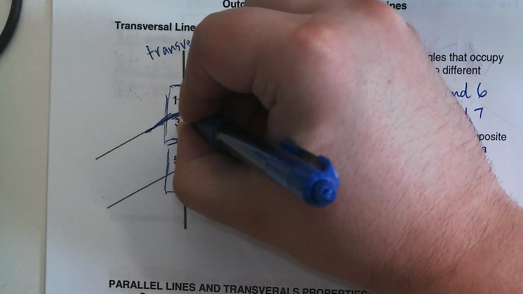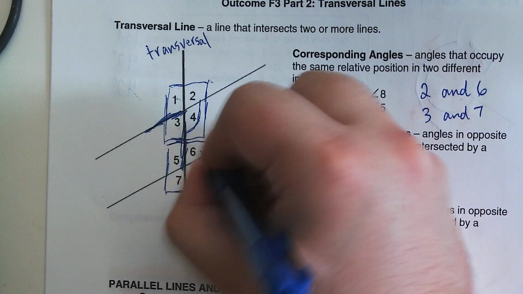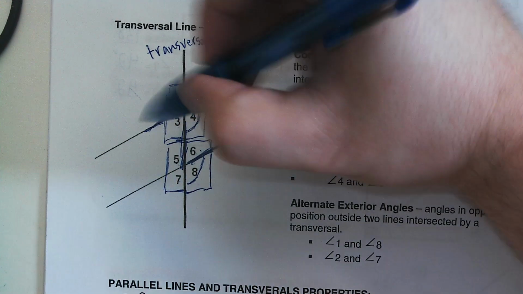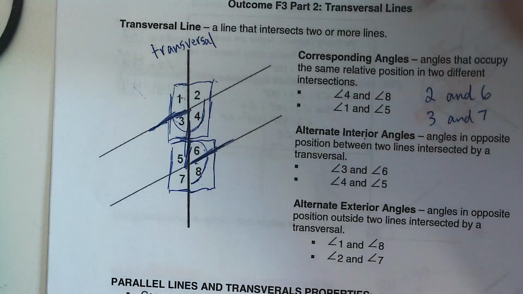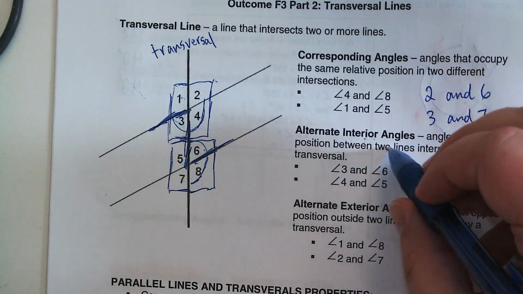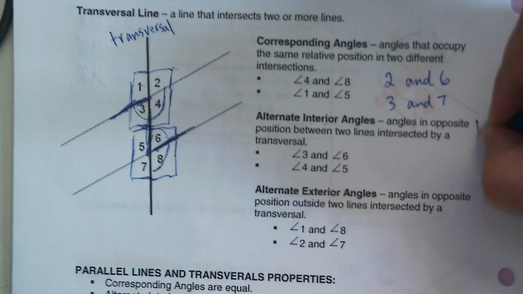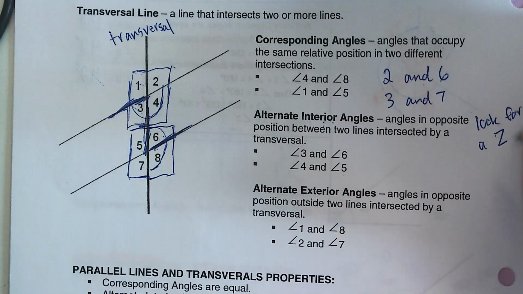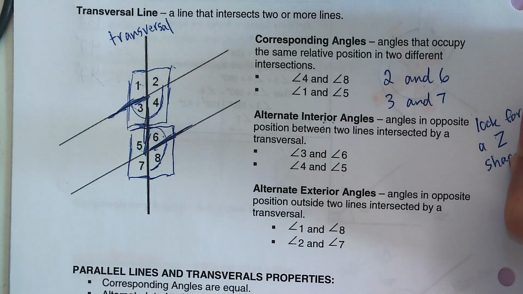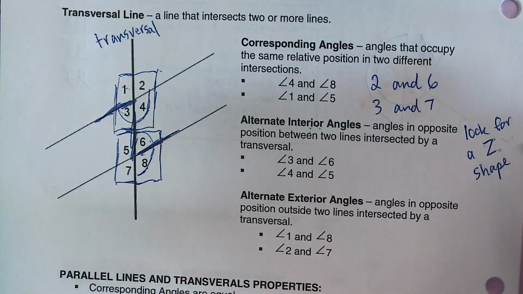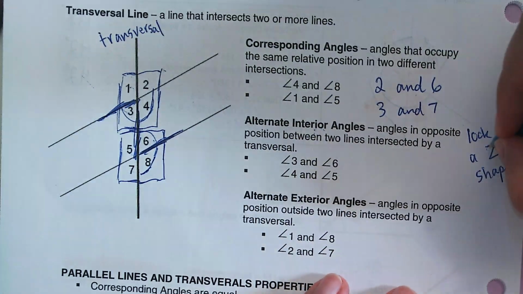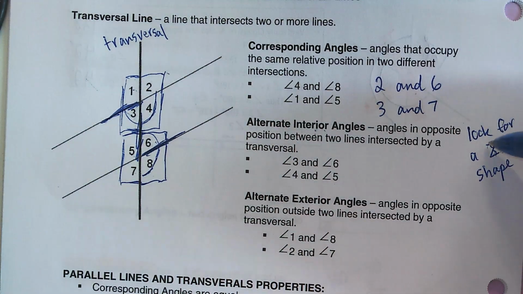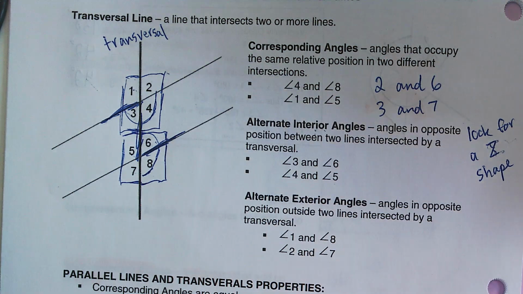So we've got this line, and this line, and this line here. The angles that are inside that Z, so 3 and 6, are called alternate interior angles. So look for a Z shape. Just like how I drew a Z right here, this angle here and this angle here are going to be equal to each other, the ones on the inside of the Z shape.